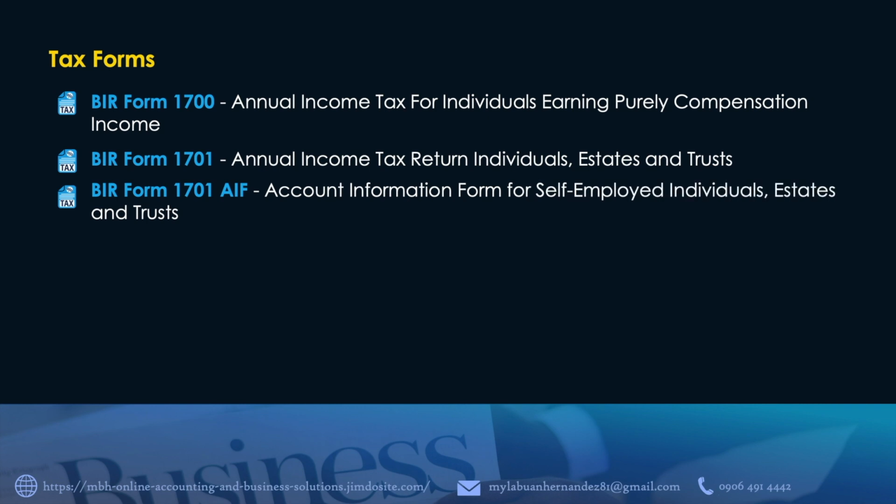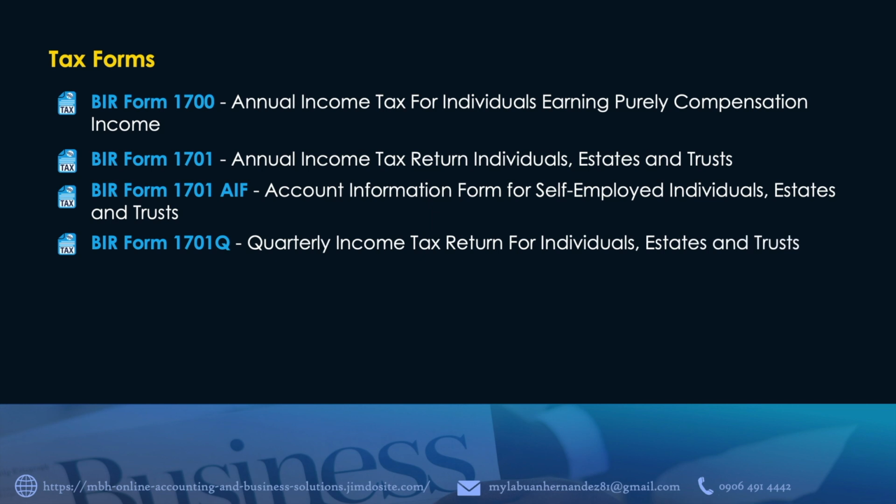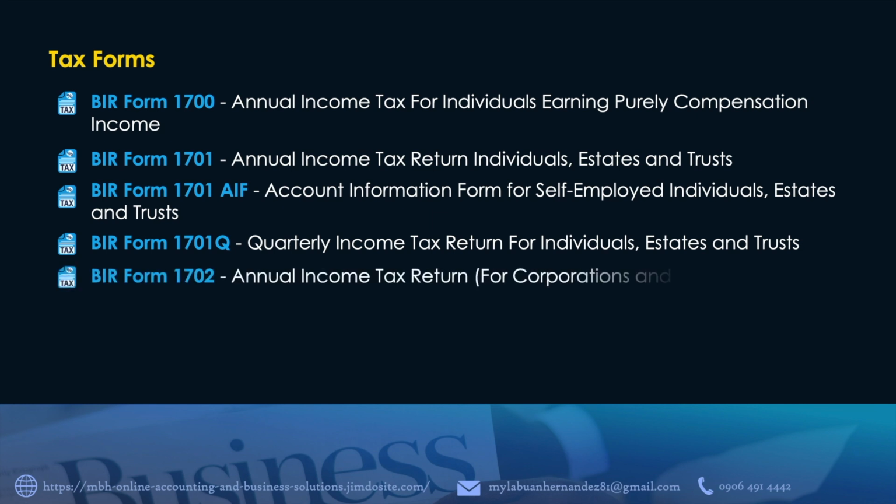BIR Form 1701 AIF, or the Account Information Form for Self-Employed Individuals, Estates, and Trusts. BIR Form 1701Q, Quarterly Income Tax Return for Individuals, Estates, and Trusts. BIR Form 1702, Annual Income Tax Return for Corporations and Partnerships.